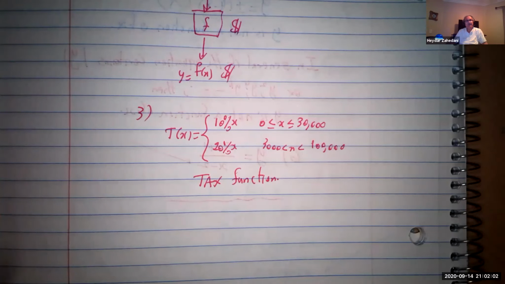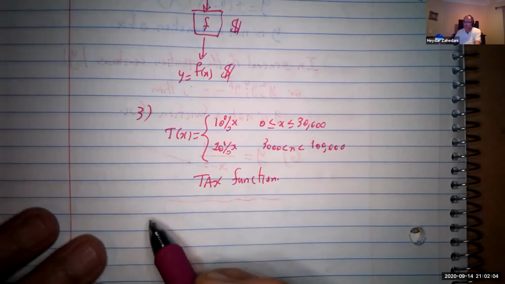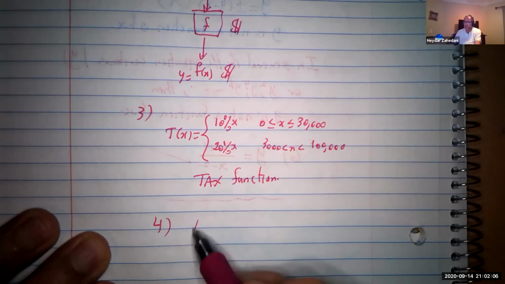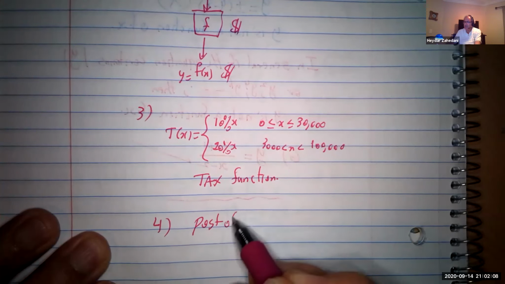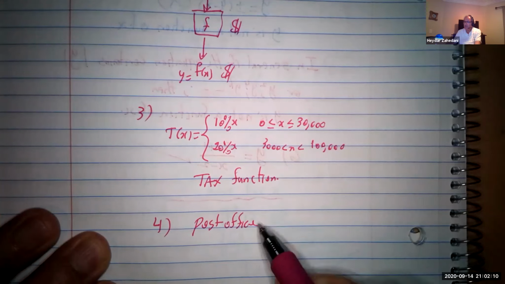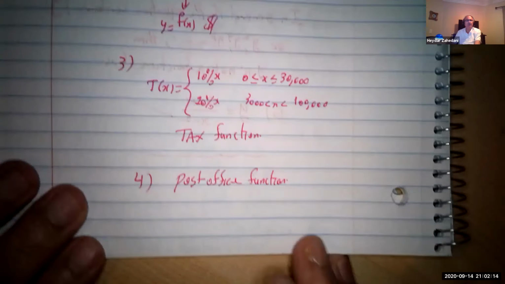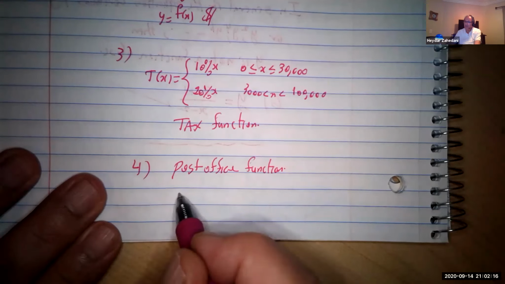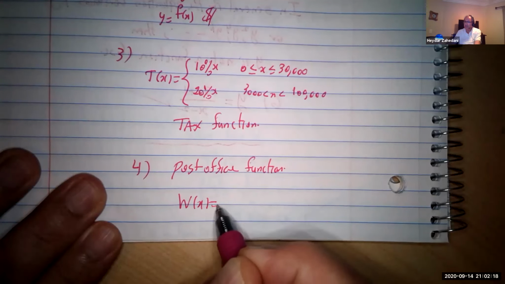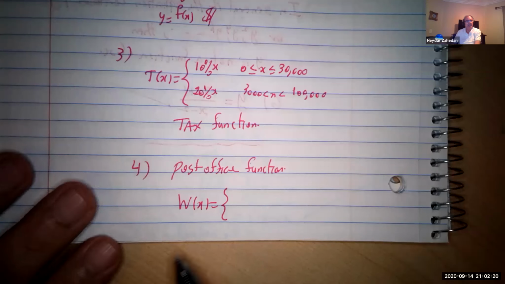The other nice one for calculus is the post office. That's going to be the post office function. That's a very good one. So what do you do in the post office? Let's call it W of X. You put the parcel on the scale, remember?